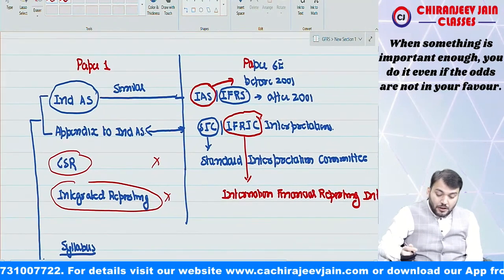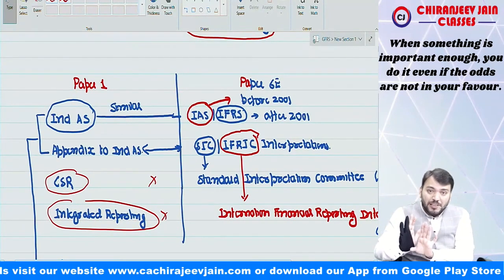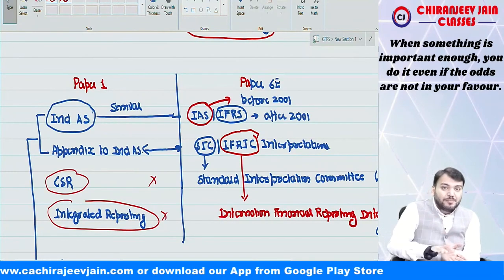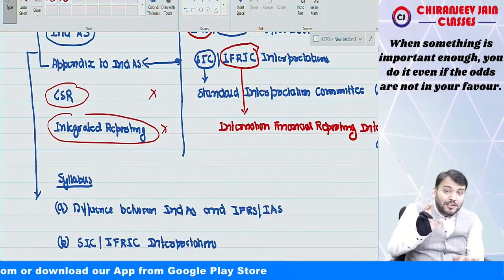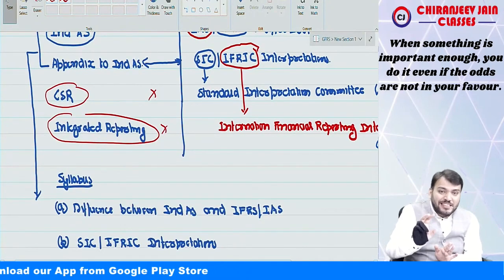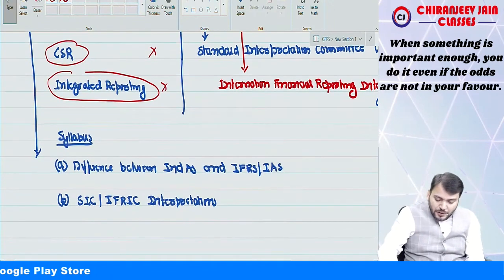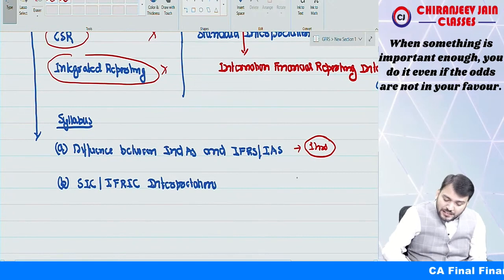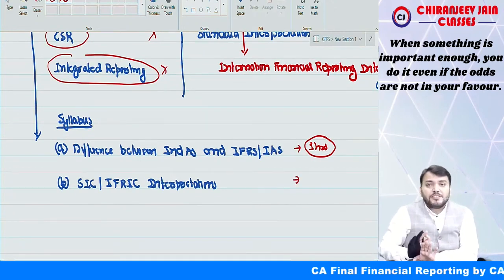So as far as paper 6C, global financial reporting standard, is concerned, if you do the difference between Ind AS and IFRS and you have knowledge about the interpretation given by SIC and IFRIC, then the paper is over. And this will not take more than 1 hour.